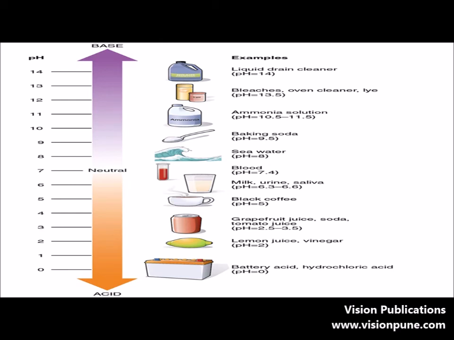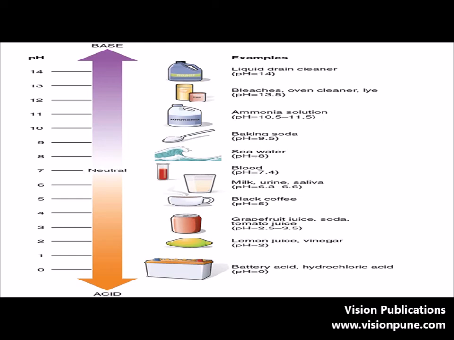The neutral buffer is 7. 0 to 7 is acidic, where 0 is the highest, 1 is highly acidic, and as we move towards 7, the acidic character decreases.